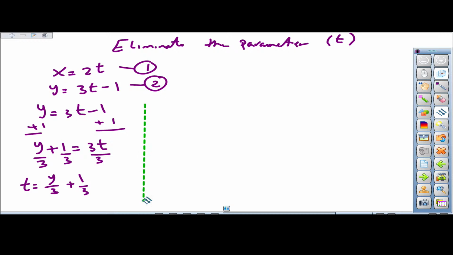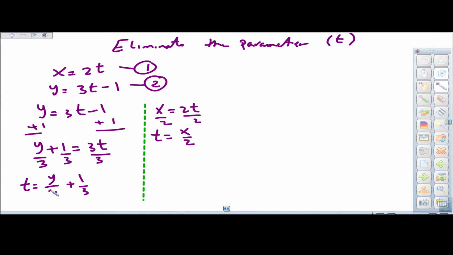If I want to do it using the first one, x equals 2t, then you divide by 2, t equals x divided by 2. They're both fine.